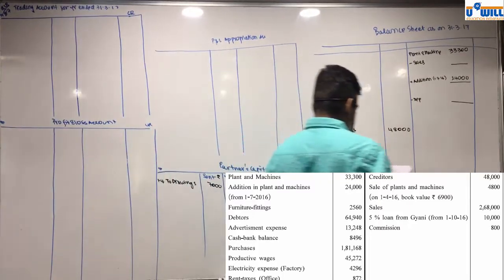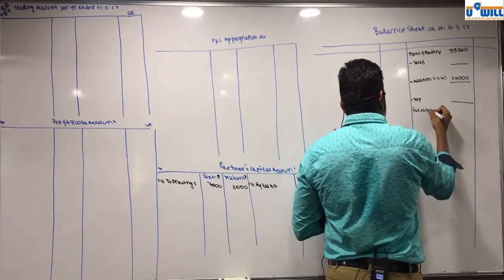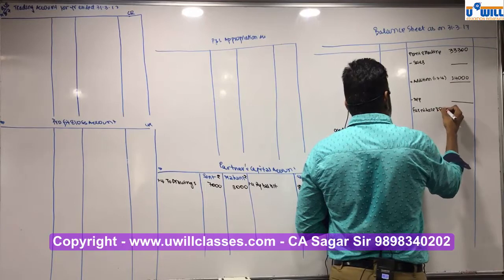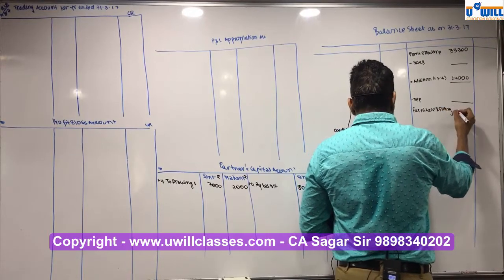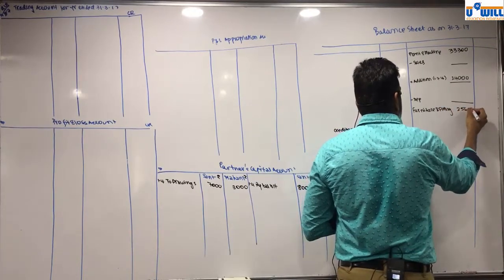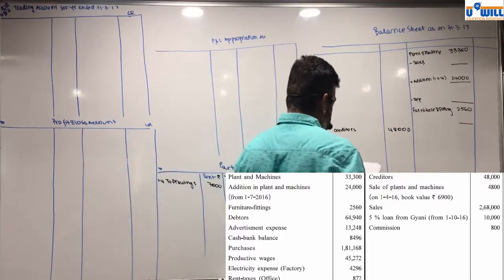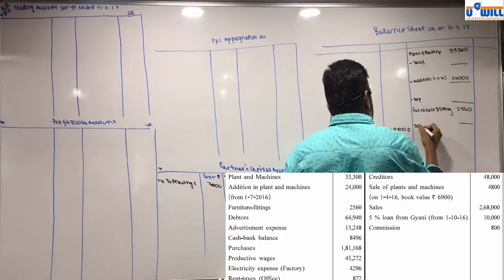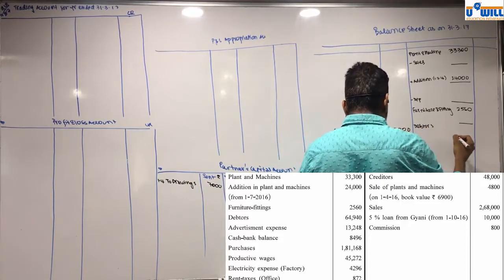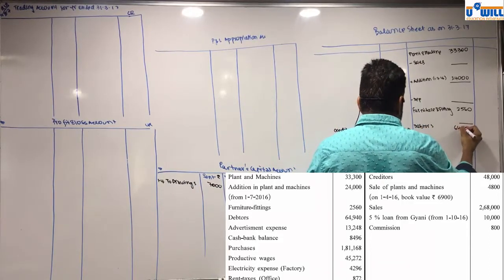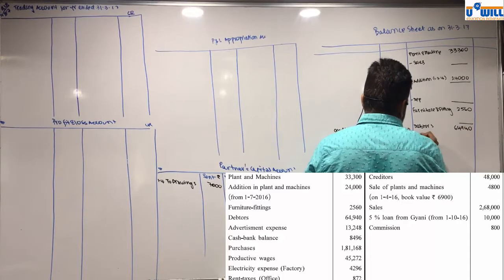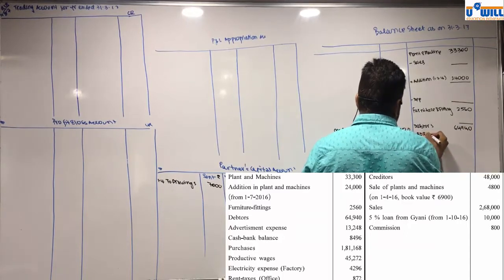Furniture and fittings, inner column 2560. Debtors, inner column. Now debtors, we have only one adjustment, that is bad debt reserve. So minus bad debt reserve as per adjustment.